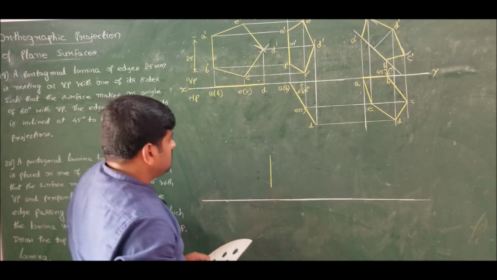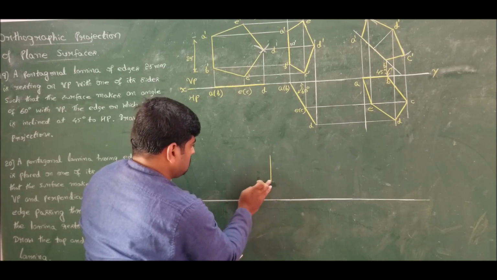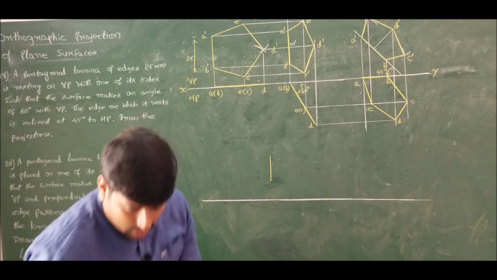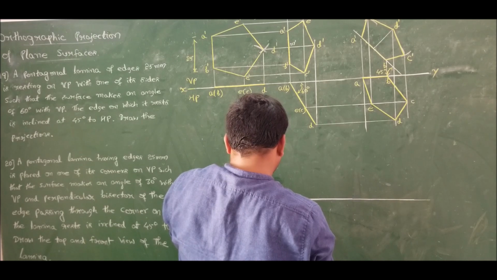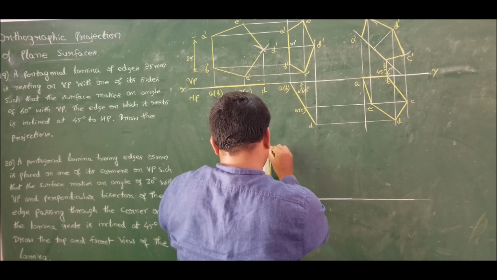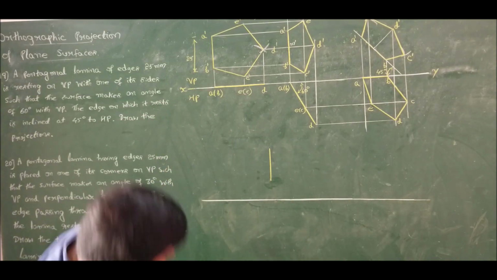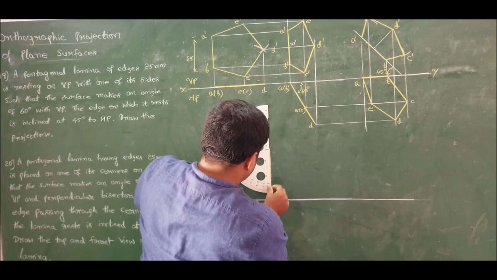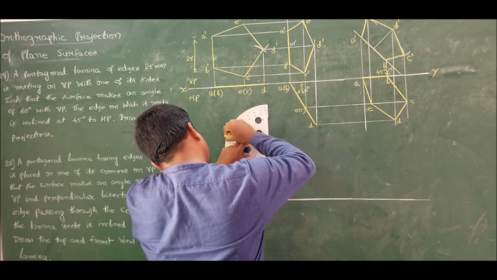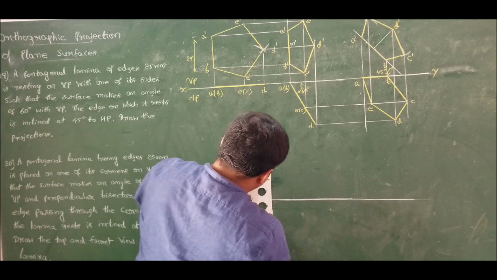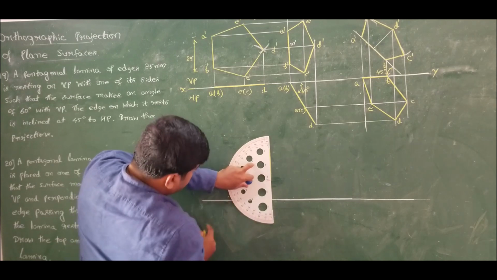It might enter the horizontal plane, so let me take it a bit upper side. Measure 72 degrees exterior angle or 108 interior on either corner of this line.